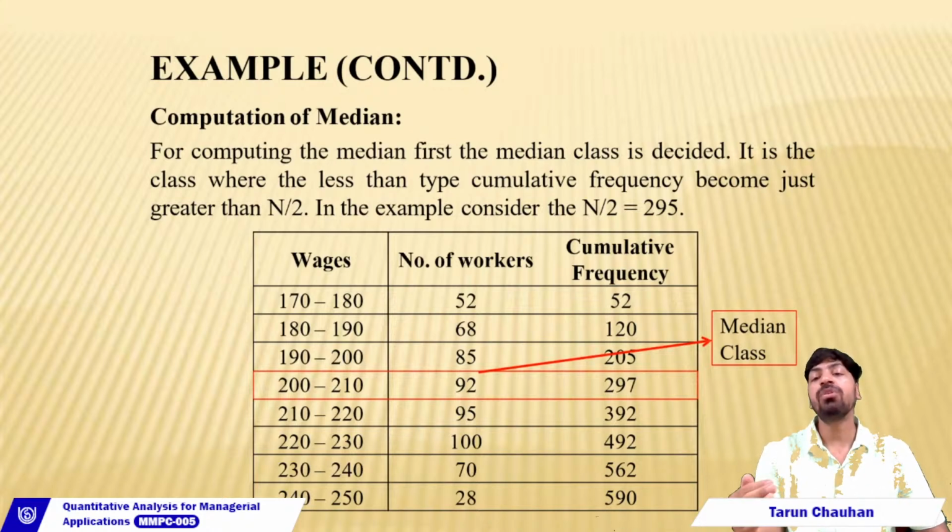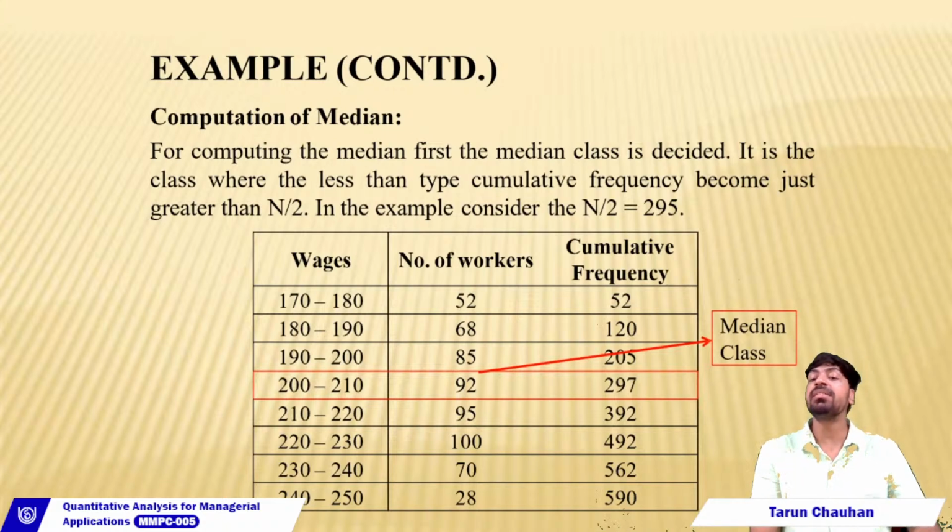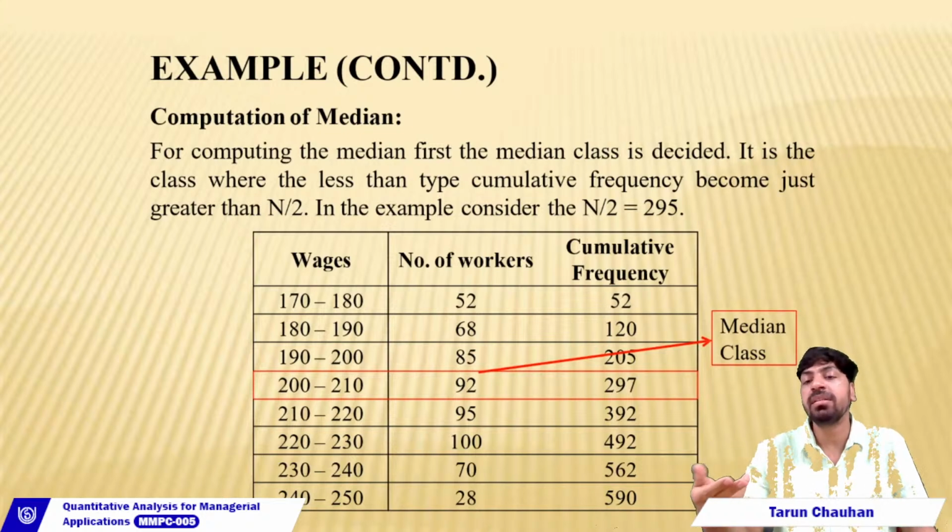That is how to calculate. 205 cannot be considered because it is lower than the term value, which is 295. So what would be the balance value of cumulative frequency? That is 297. 205 will not be considered because it is less than 295.